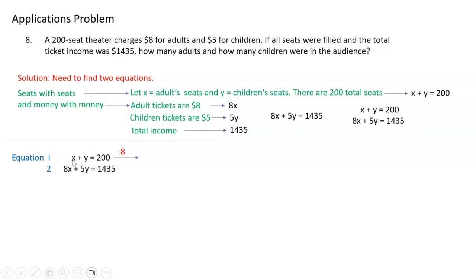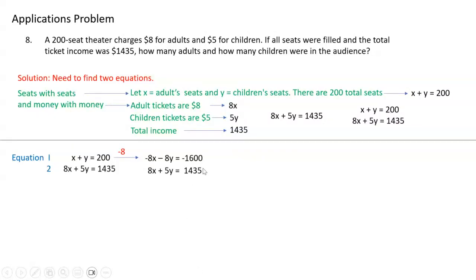Because -8 times x will give us -8x. Then when we add them, they'll be eliminated, because -8x plus 8x will give us 0x. But I need to multiply -8 times every term, or both sides of the equal sign. That gives us -8x minus 8y equals -1,600.